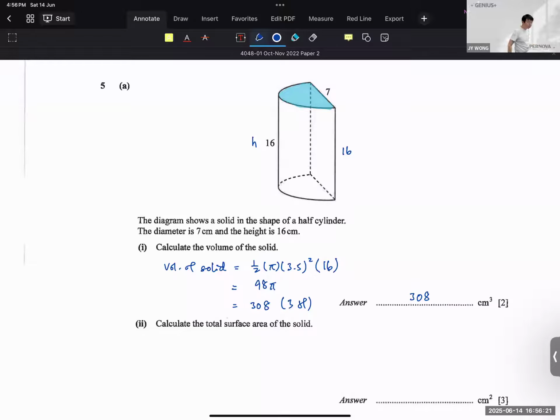That is your rectangle. Then plus pi times diameter times half, because it's half of a circle. It is just a semicircle. Then this one you times the height, which is 16. Okay, that's why they give you so little space, because you can just squeeze everything together.